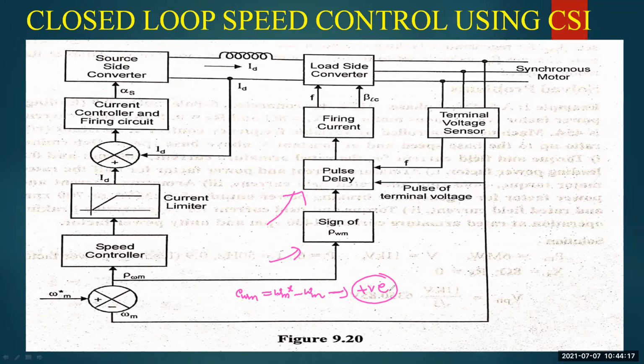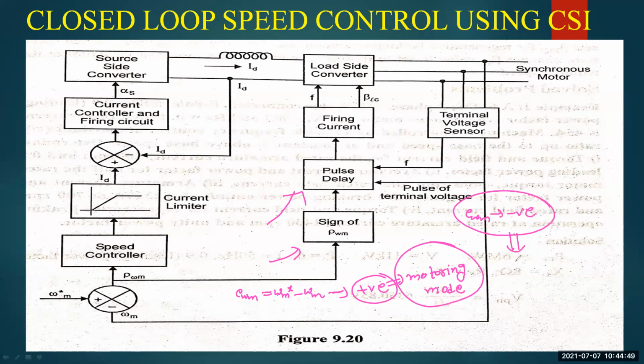If this error signal is positive, the motor goes to motoring mode. Understood? Motoring mode. But if the speed error signal is negative, the motor goes to braking mode.